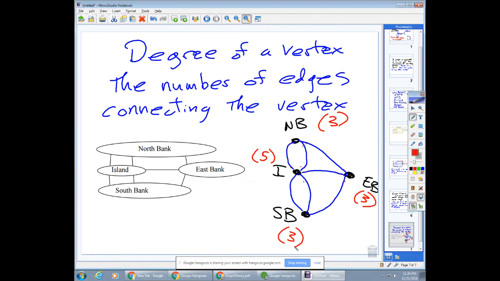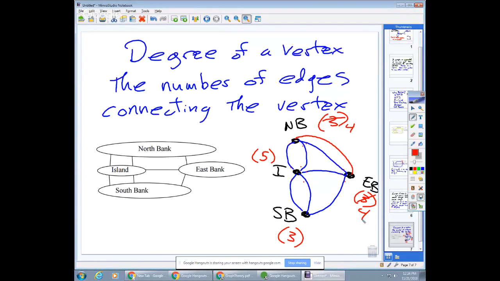So what we could try to do is start adding edges so that we can make that circuit possible. So let's see, everything is odd. What's the east bank to? East bank, yeah. So if we did, for example, another one from East Bank to North Bank, that bumps its degree up to 4. Okay, where else could I add one?